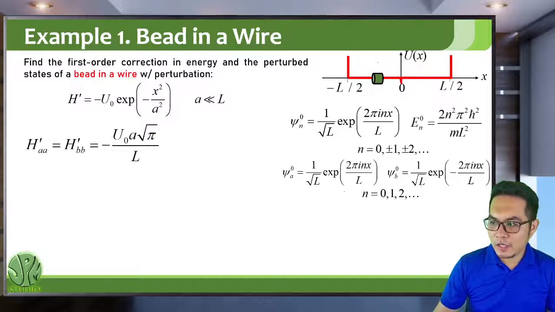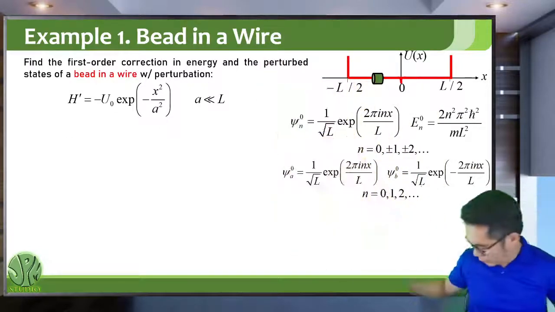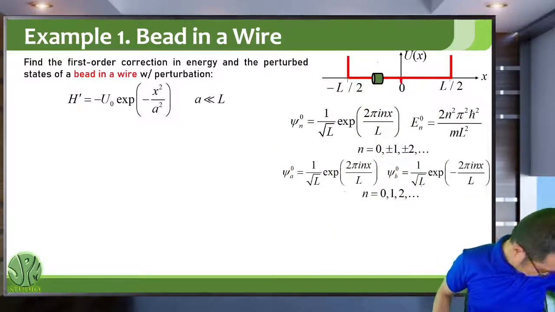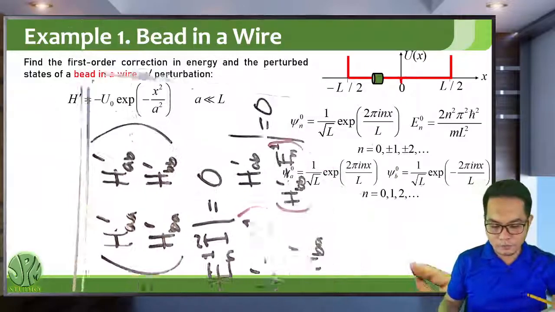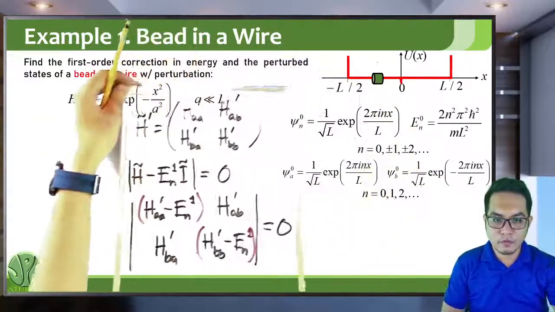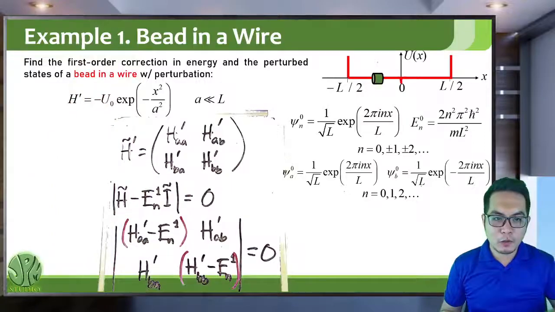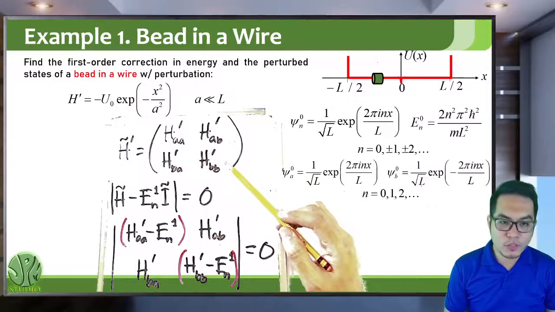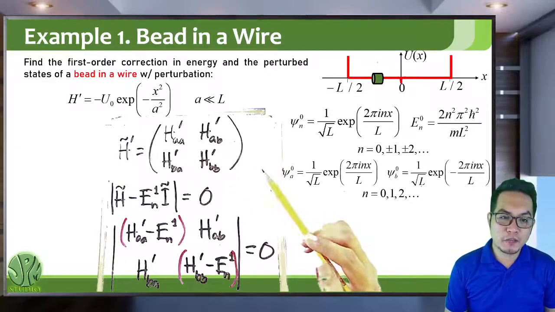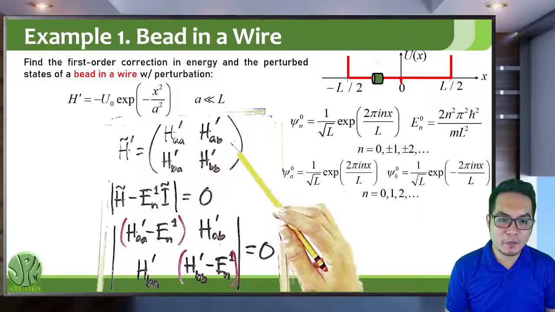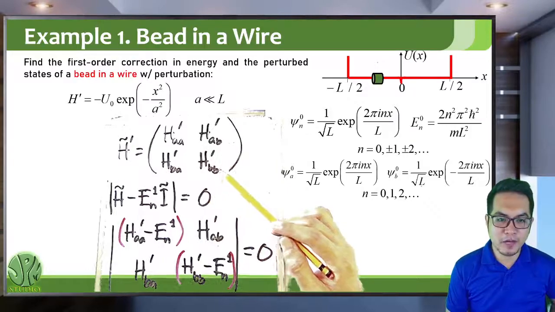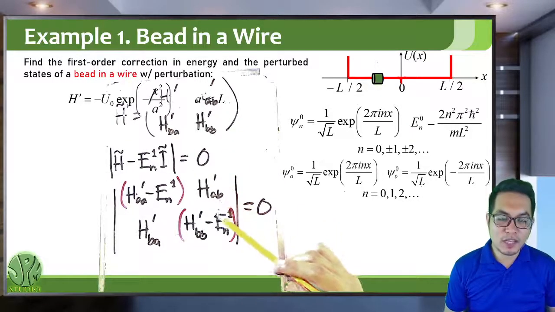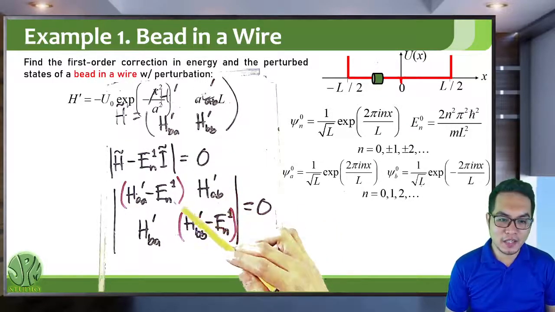Okay, how do we find the first order correction in energy? So of course we need to construct the perturbation matrix, HAA prime, HAB prime, HBA prime, HBB prime, and then we solve for the characteristic equation to solve for the energy.